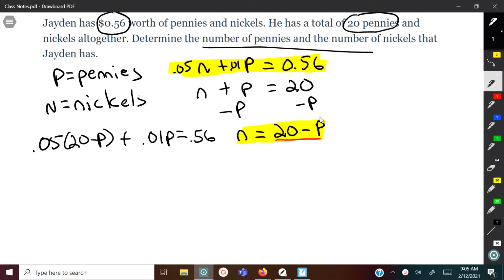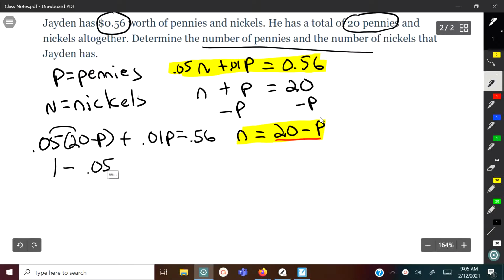Alright, now we're going to distribute and then solve. Alright, so this 0.05 times 20, it's going to get us 1. Minus 0.05 times P, which would be 0.05P, plus 0.01P is equal to 0.56.